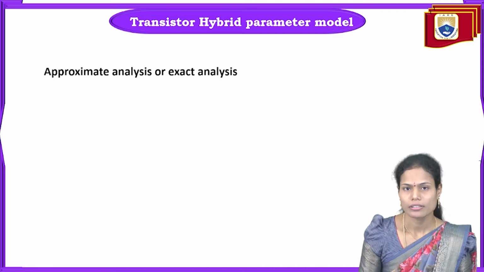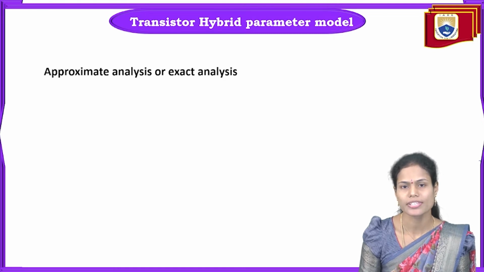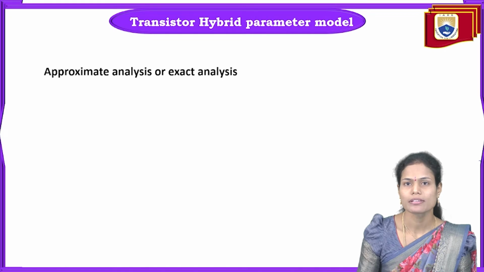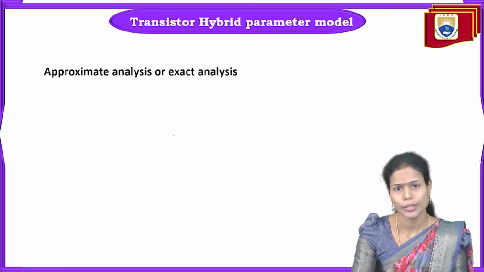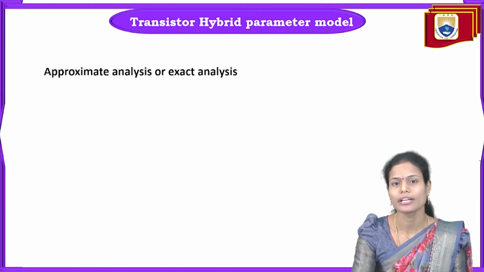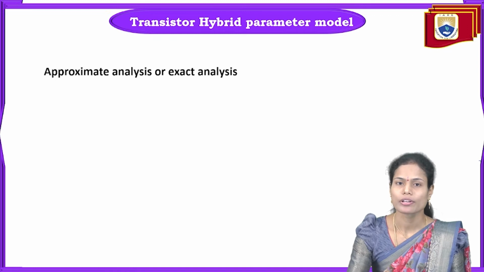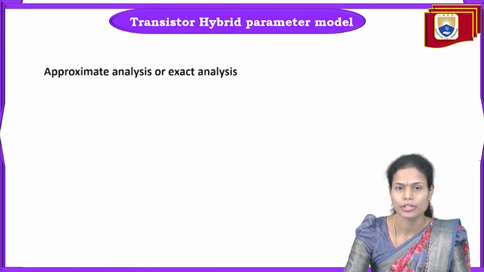And when we are solving any given circuit, we need to decide whether to go for the approximate analysis or exact analysis. So what is meant by approximate analysis and exact analysis? Generally, if we take any transistor circuit or amplifier circuit and analyze it directly with the H parameter model, it will take so much time because it is a very lengthy process to calculate all the 4 parameters.